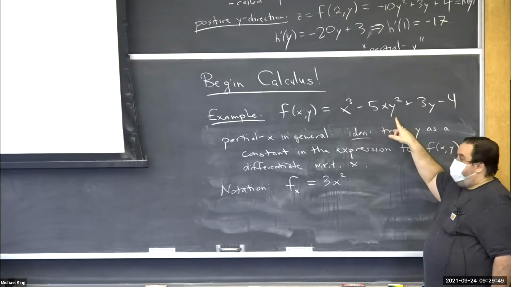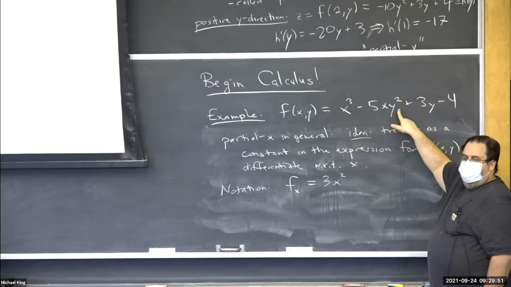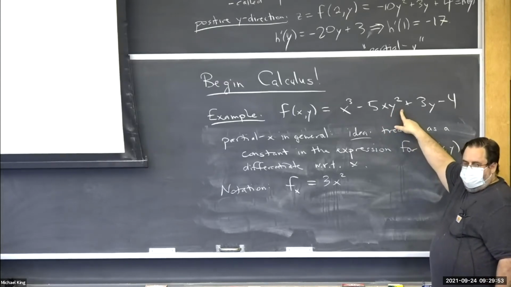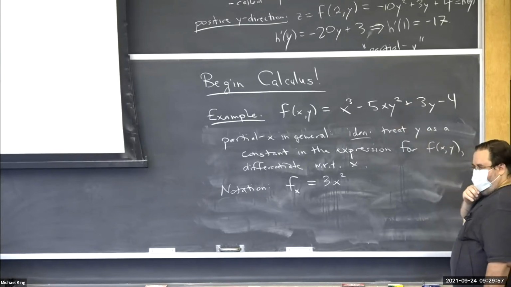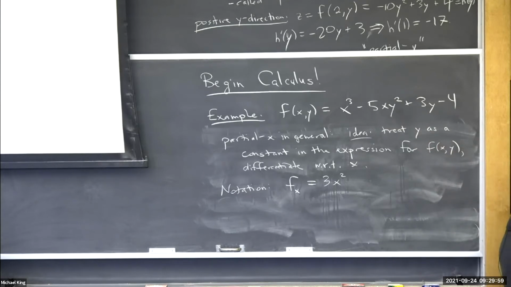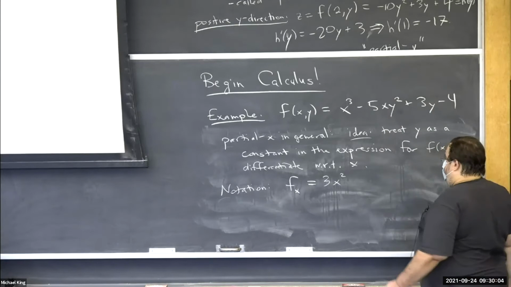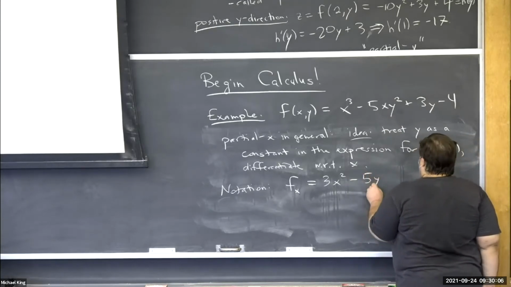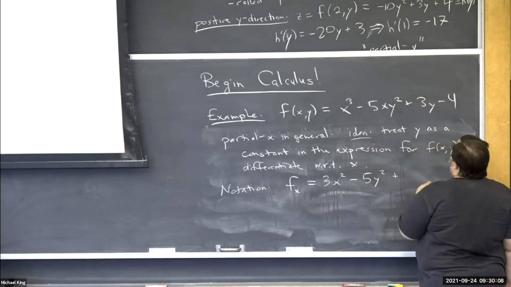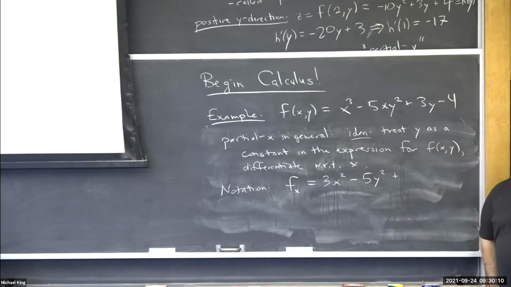So we're just pretending this is a constant. What do you do when you pretend something's a constant? It's minus 5y squared, right. It's basically constant times x that you're differentiating. So you get minus 5y squared plus, and then what happens to the 3y?